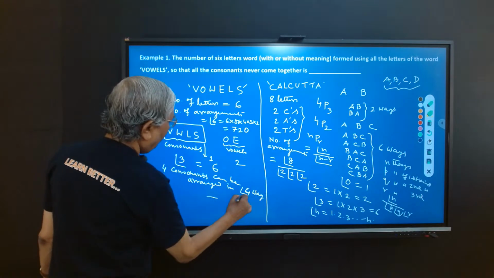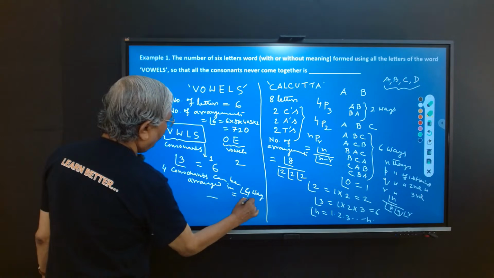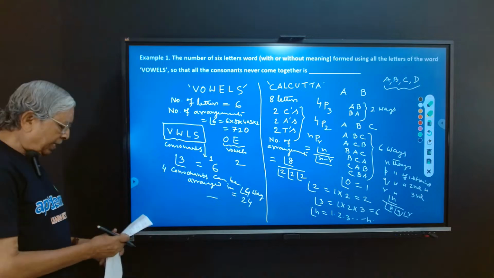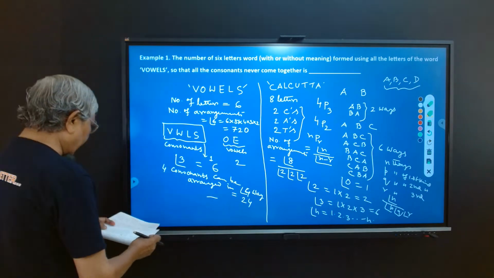Factorial 4 means 24 ways. So the four consonants can be arranged in 24 ways.